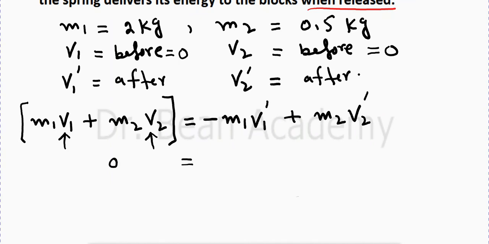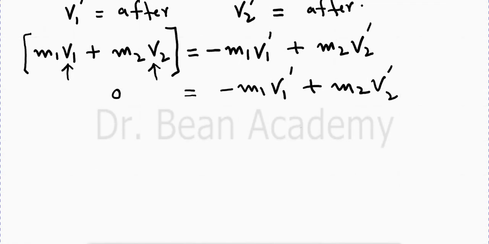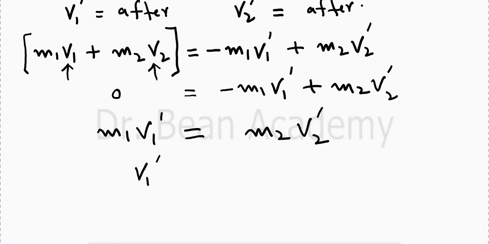So this should be equal to negative m1 v1 prime plus m2 v2 prime. I can bring one side to the left because I don't like this negative sign with this term, so it becomes m1 v1 prime equals m2 v2 prime, and then v1 prime equals m2 over m1 times v2 prime.